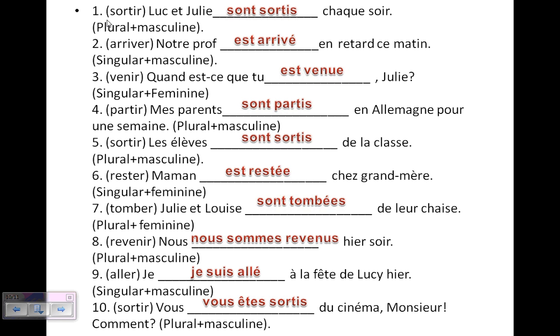Like the last example here, vous êtes sorti. You don't hear the S in the end. So you have to know that it's spelled that way, because you're using the verb to be in the passé composé, and that's when you have to agree the subject with the participe passé, like I explained before.